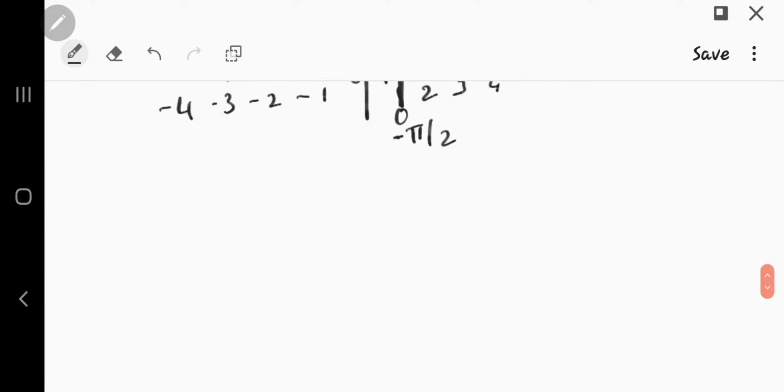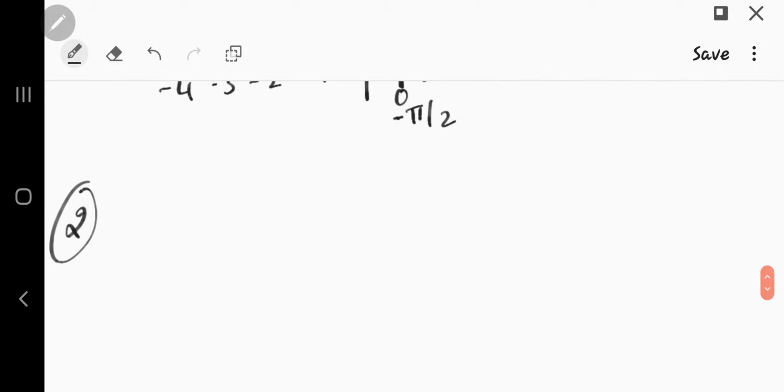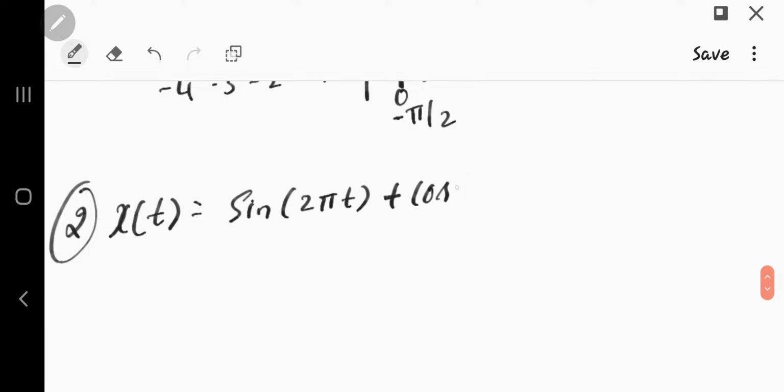Okay. Now I have one more problem, another kind, a simple one. Given x of t, continuous time, x of t is equal to sine 2 pi t plus cos 3 pi t here.